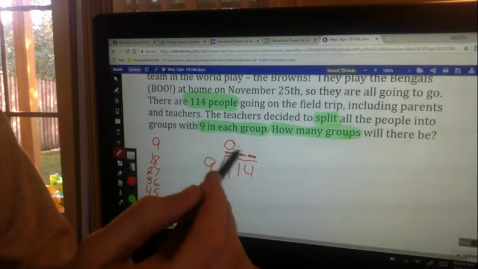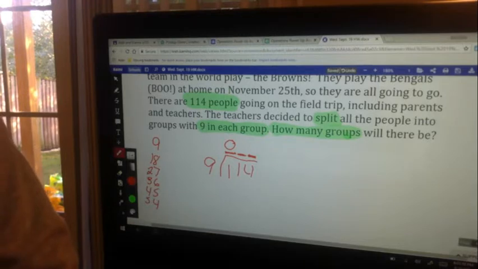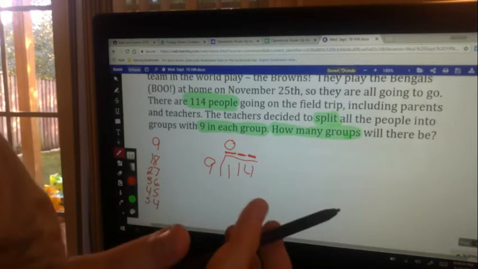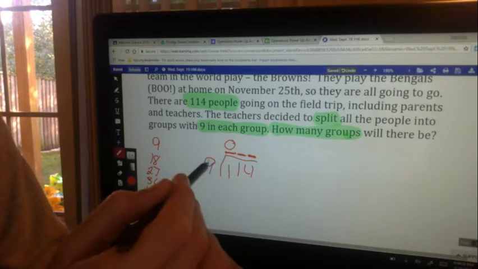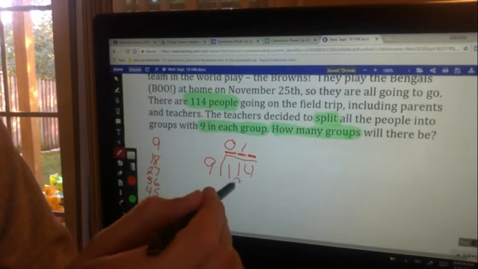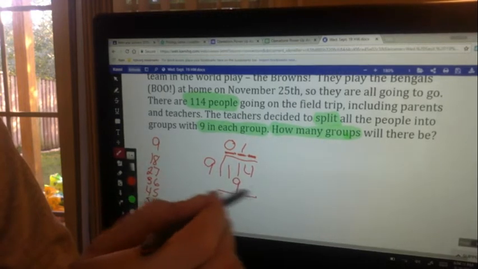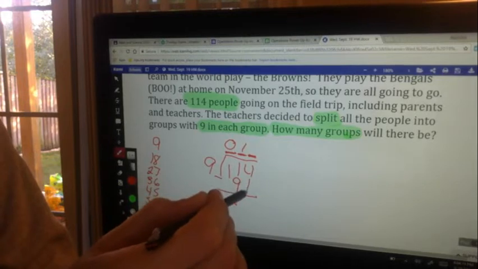So now we're working in the tens place, and now I have 114 left still. So I'm thinking, how many tens could I put into each group? Well, I have 11 tens. So I have enough to put 1 ten in each group, which would be 9 here. 11 minus 9 is 2, and we'll break down the 4.